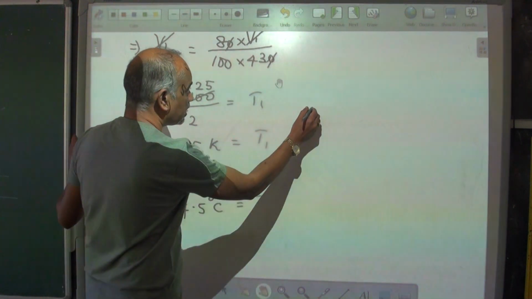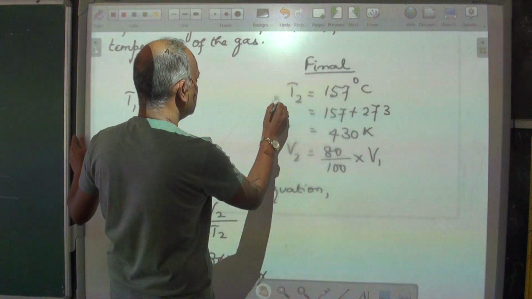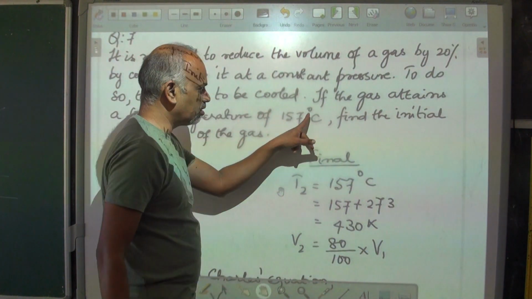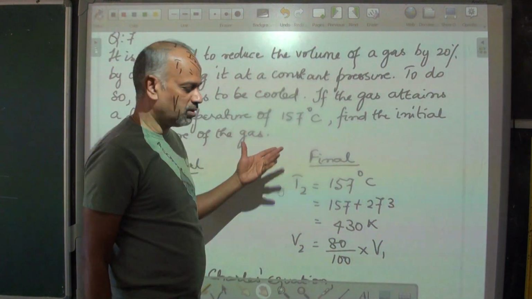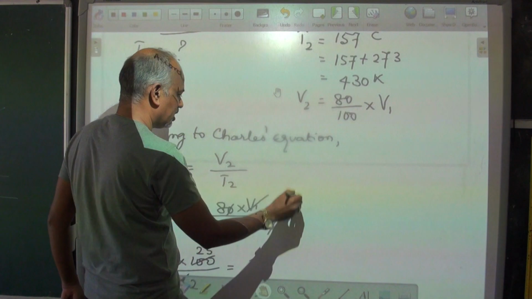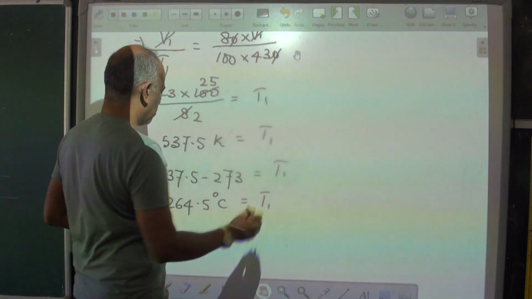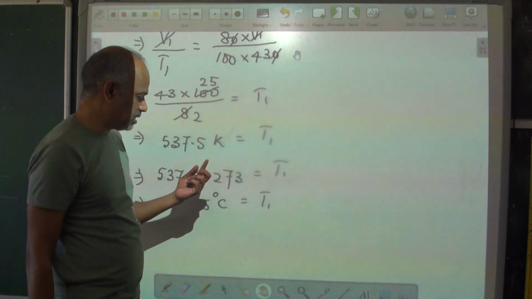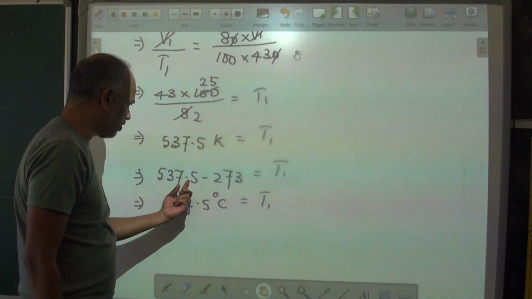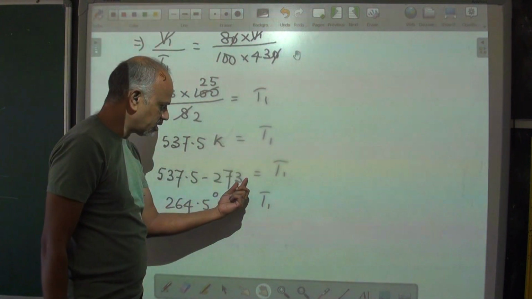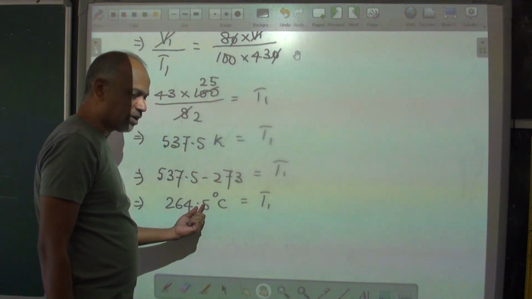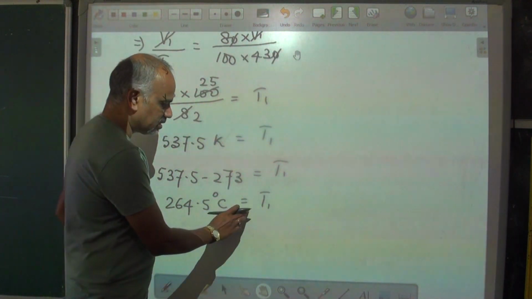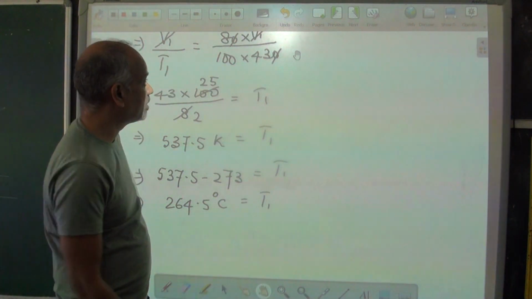But if you look at the question, the temperature that was given was in degrees Celsius, so you can convert it. If you have to change Kelvin to degrees Celsius, from 537.5 you subtract 273, which gives you 264.5 degrees Celsius as the initial temperature.